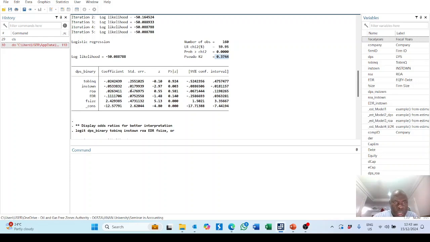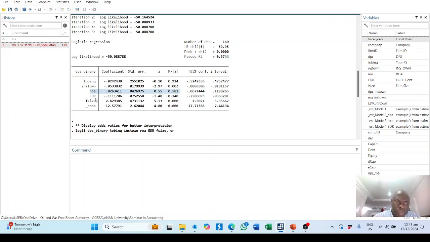Tobin's Q has a negative influence on the dependent variable, but it is not statistically significant. Institutional ownership also has a negative effect, and it is highly significant at the 1% level. ROA is positive but not statistically significant.